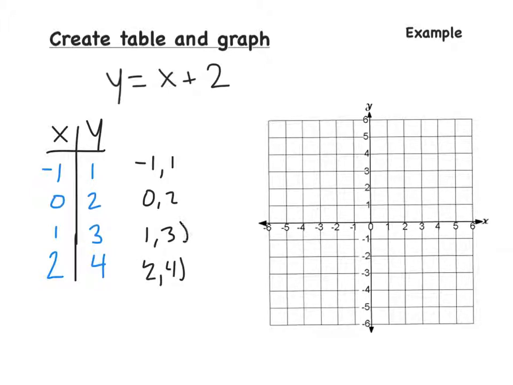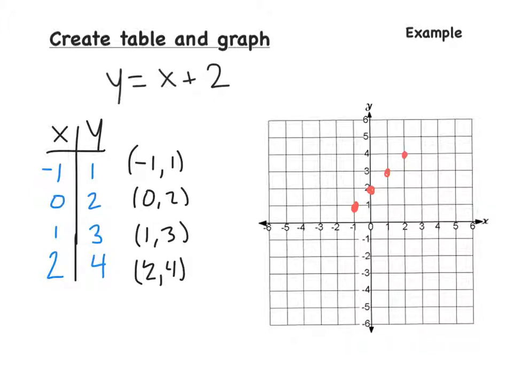Now all that we have to do is just graph these points. So if we have -1, 1, we just start at the origin, go -1, 1, put our point. And then we go to 0, 2, and then 1, 3, and 2, 4.